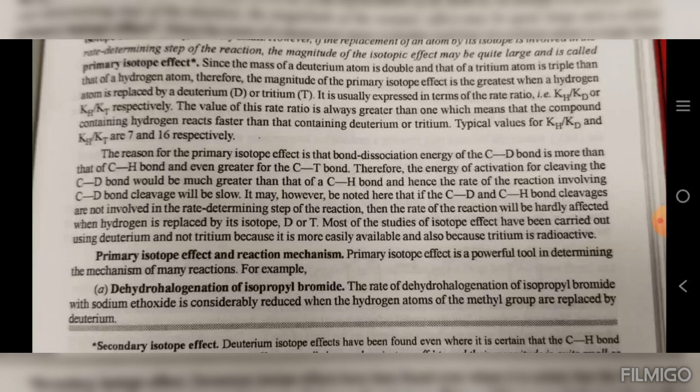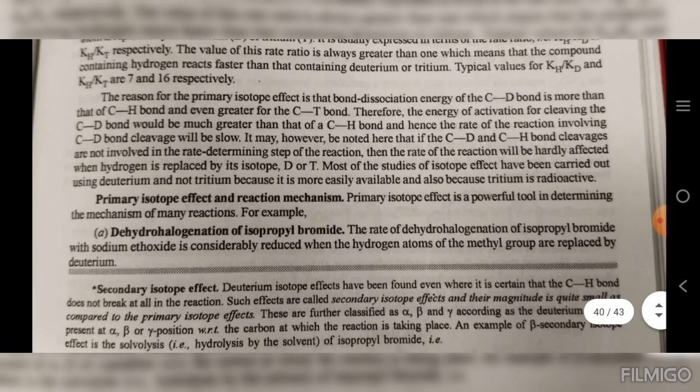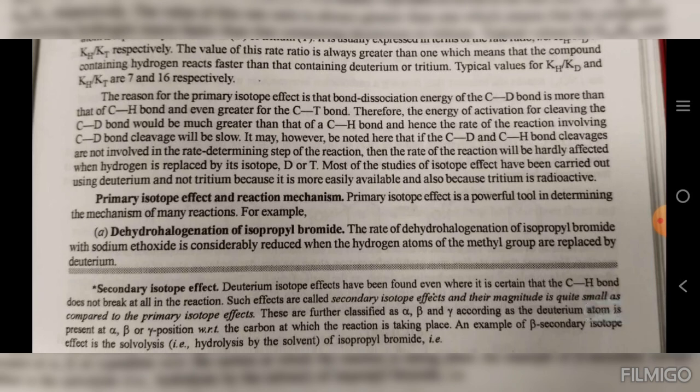It is usually expressed in terms of the rate ratio kH/kD or kH/kT respectively. The value of this rate ratio is always greater than 1, which means that the compound containing hydrogen reacts faster than that containing deuterium or tritium.